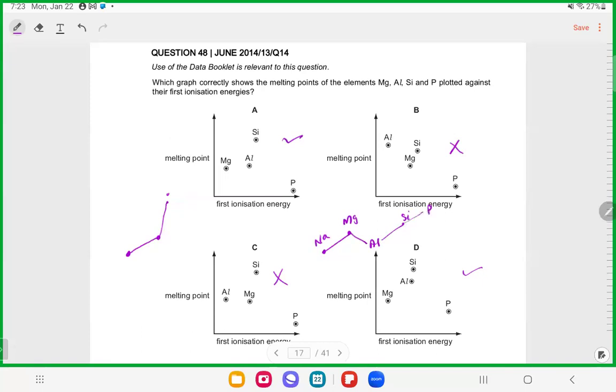So the highest ionization energy is for phosphorus, the lowest one is for aluminum. कौन सा ग्राफ सही लग रहा है बताइए? The highest one is for phosphorus and the lowest one is for aluminum. So the graph B is correct.